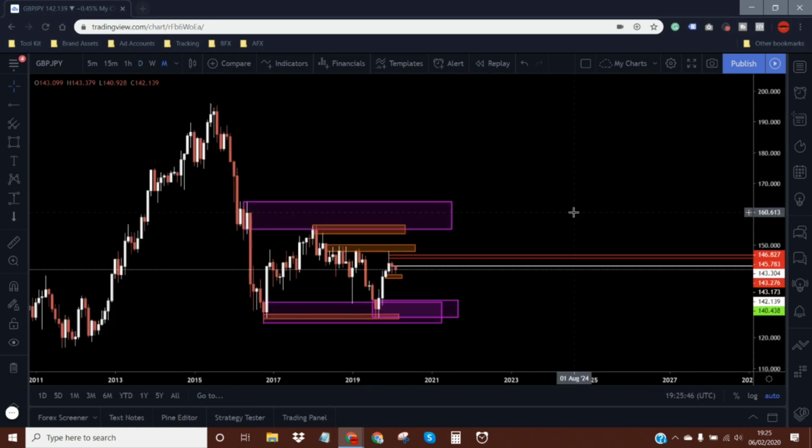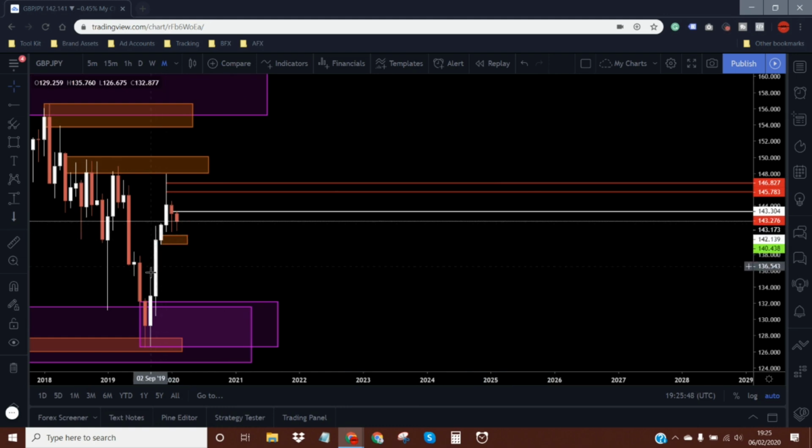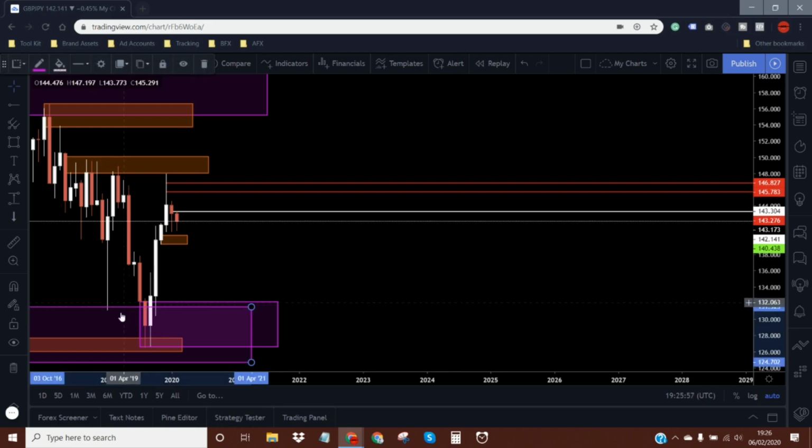What I do like on the monthly though is that we have all white candles here that could potentially come down, and we have a fresh area of monthly demand which has been created out of this monthly demand. But I'm not too sure about zones being created out of zones. I'm really not comfortable with the same zone being created out of the same zone.